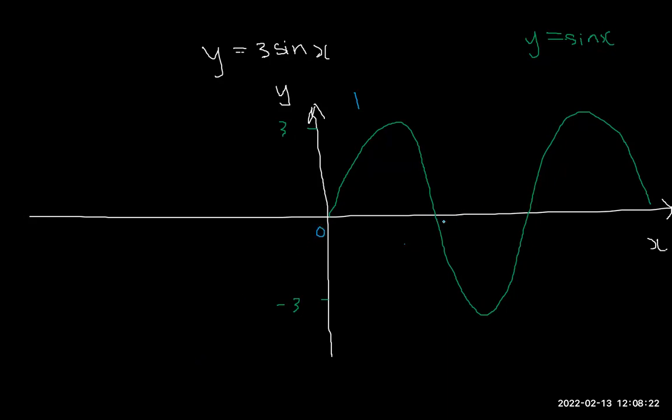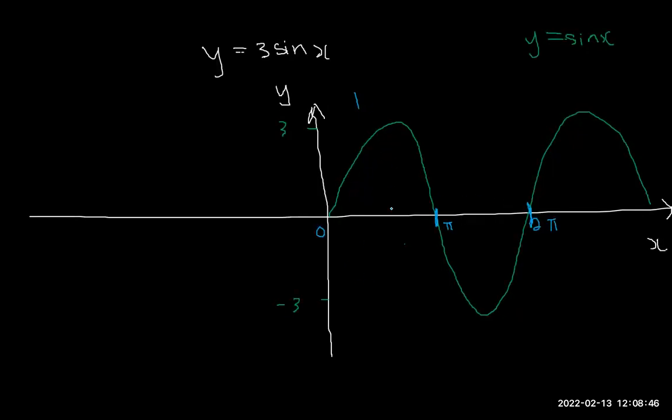In radians, the sine graph passes through pi and then it passes through 2 pi. So at this point here, it passes through pi. At this point here, it passes through 2 pi.